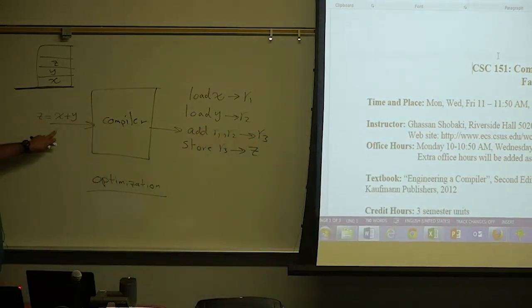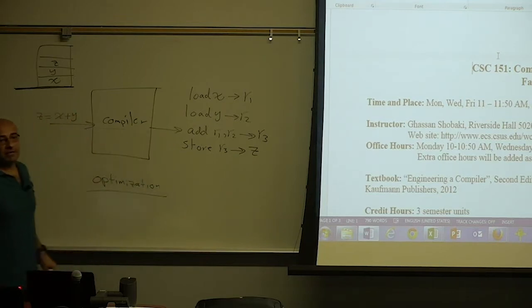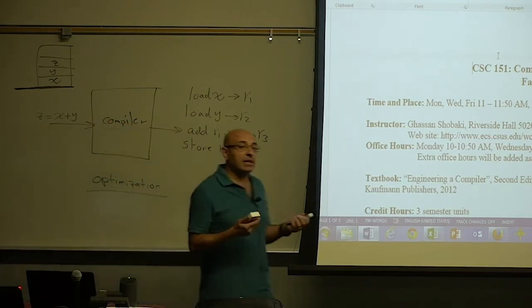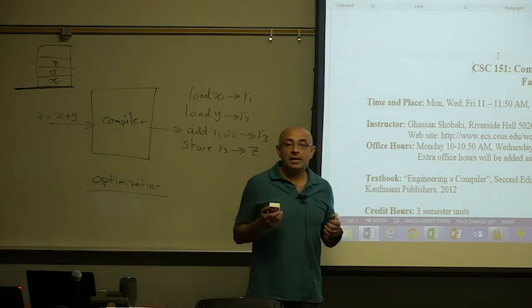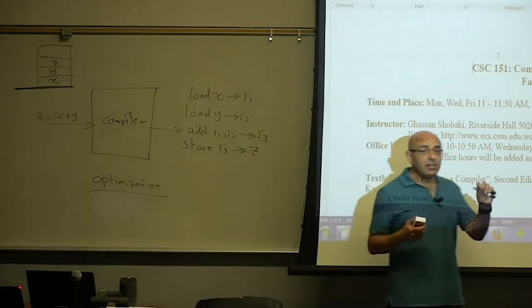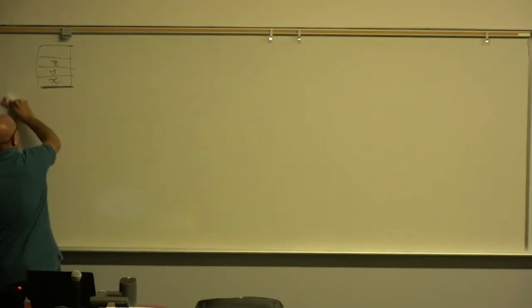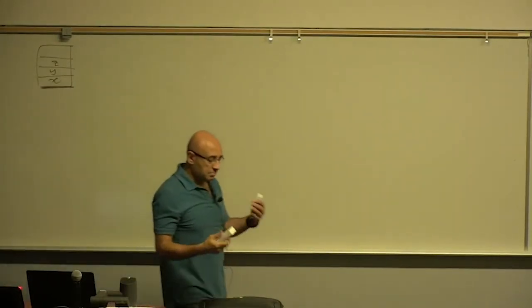I'm not aware of any compiler that goes from high level directly to the level of assembly. There is usually some intermediate level. And a very typical intermediate level representation of the code is the abstract syntax tree, which is a tree representation of the code.